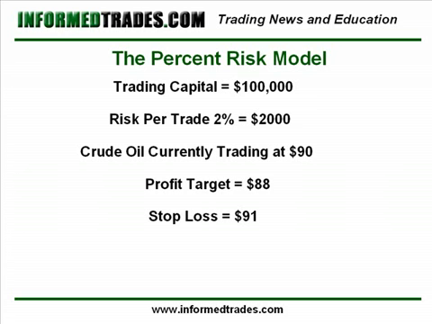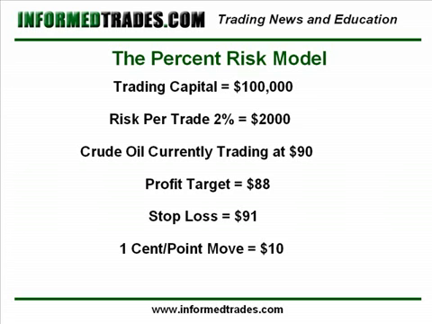So now, the next thing you need to know is how much a 1-point move in that crude oil contract is worth, so you can then determine how much that move from 90 to 91, which is your stop loss level, is going to cost you in terms of a dollar amount. We're going to go into where you can find information on these types of things, but let's just assume you knew already that a 1 point or 1 cent move in the crude oil contract is equal to $10.